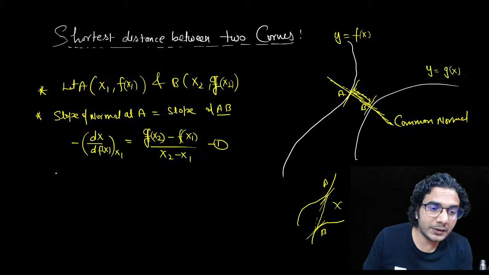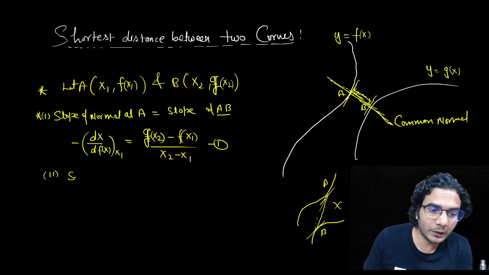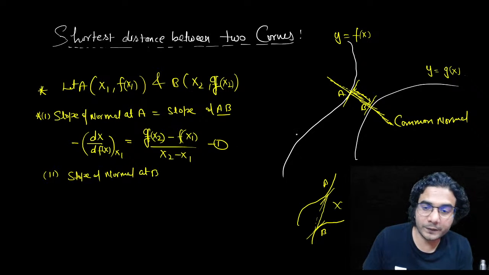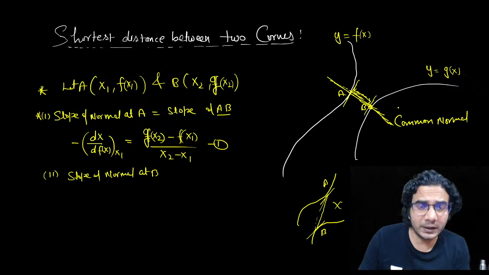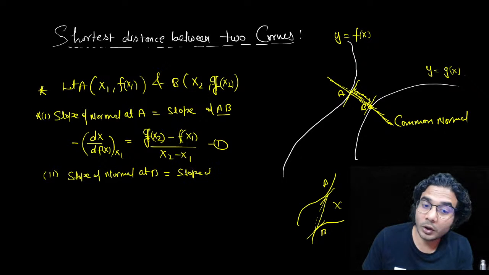And similarly, the second relation is the slope of the normal at B, so the slope of g(x) at B basically. It's a common normal, okay? It is equal to the slope of AB again.